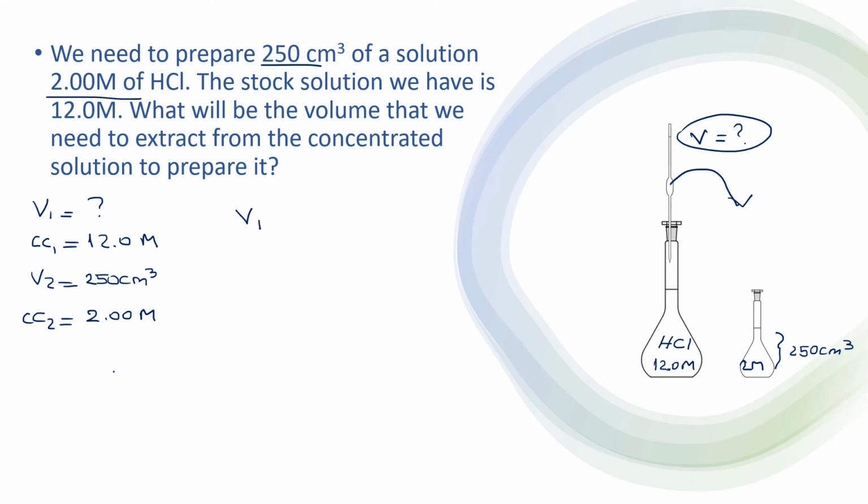So volume 1 is equal to concentration 2, I'm sorry, times volume 2 divided by concentration 1. Volume 1 is equal to the concentration 2, which is 2 molar, times 250 centimeters cube, divided by the concentration of the concentrated solution, which is 12 molar.